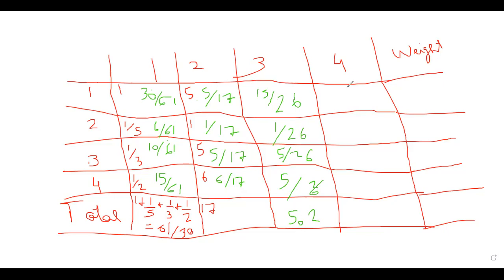Now, for 4, you have 12 over 25, 1 over 25, 6 over 25, and 6 over 25. And to be able to find these numbers, we calculated the total, and the total was 25 over 6.